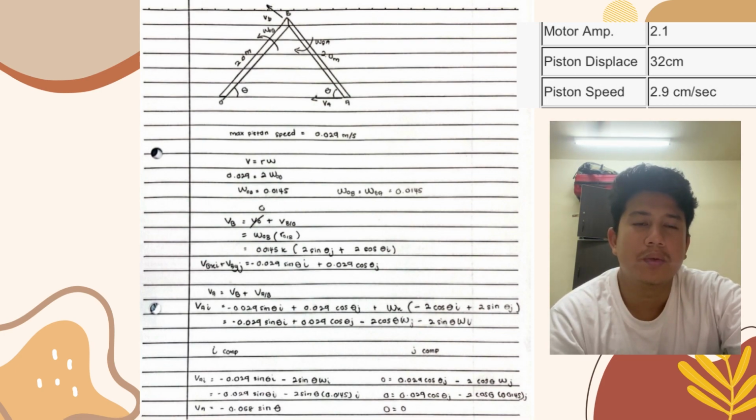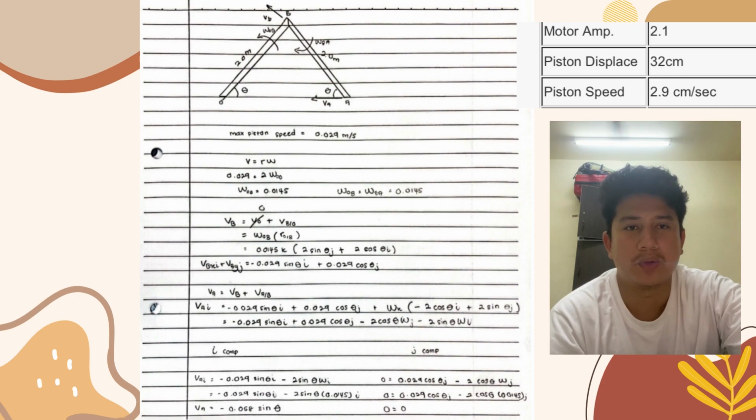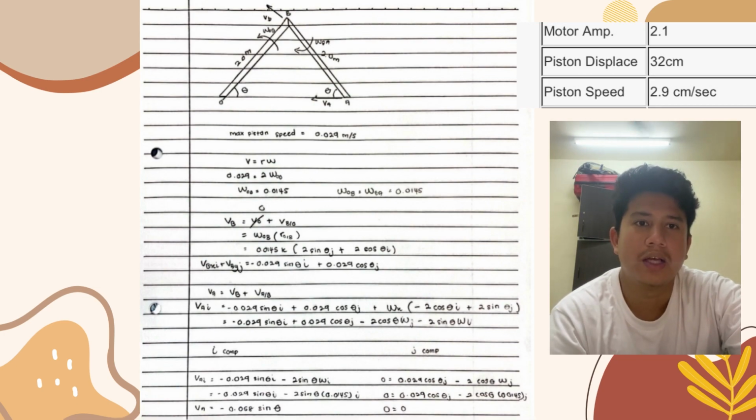So then we need to calculate the VB. To calculate VB, we can use the formula of VO plus VB with respect to O. As we know, VO is located at point O, which is a static point, and for a static point V equal to 0.